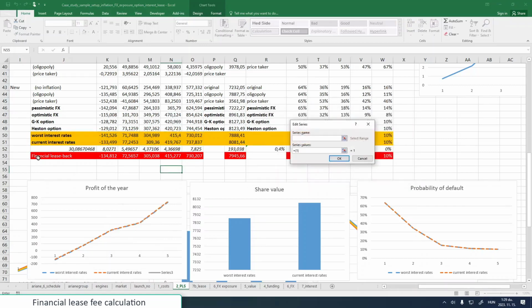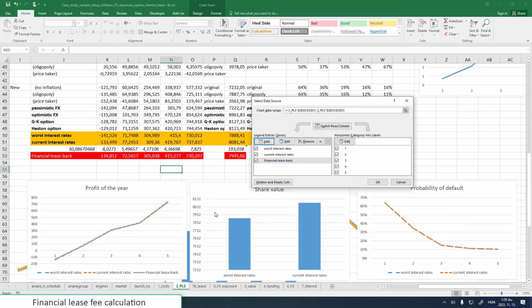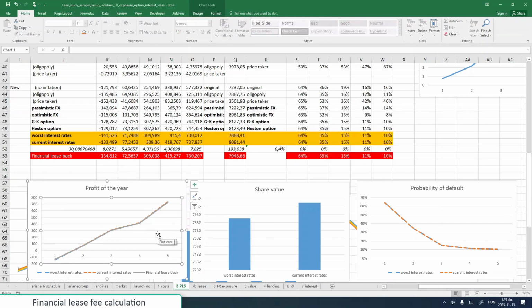Okay, so let's add this additional data. Yeah, now we have 3 lines in the same space, so cool. Is this a good way to make this visible? But I cannot rescale it, so I should leave it that way.